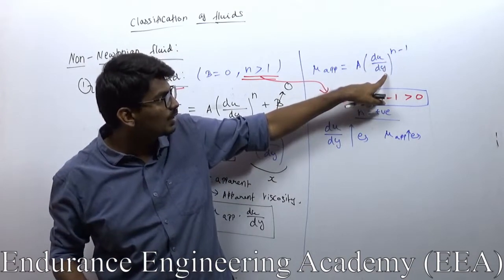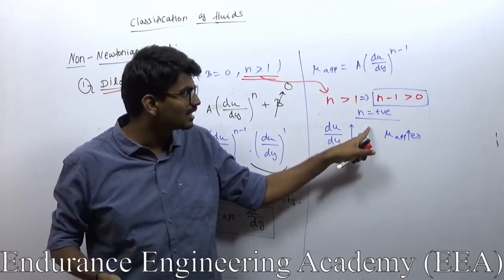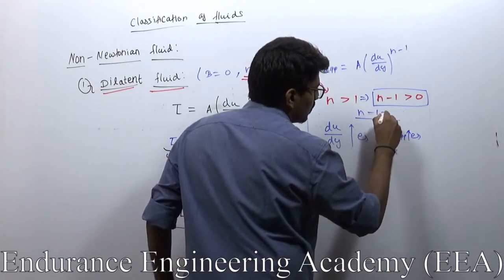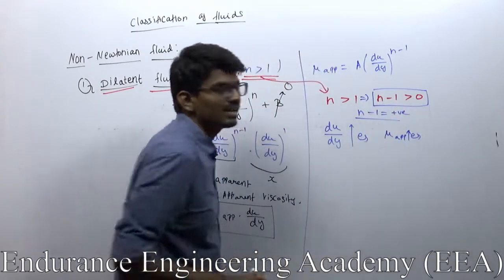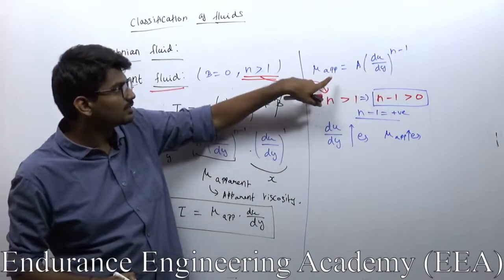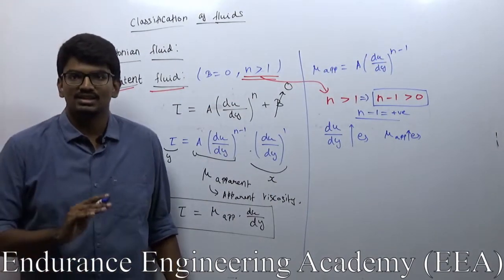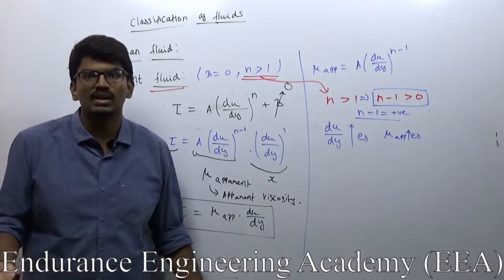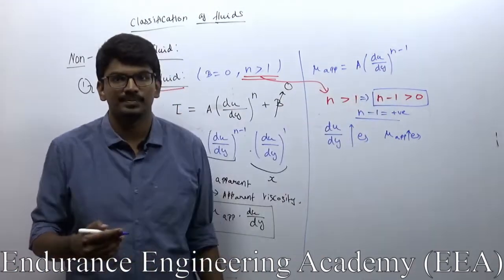So if du by dy increases, then this mu apparent will also increase. It's very simple logic, right? Right hand side increases, left hand side will also increase because this is having a positive power.